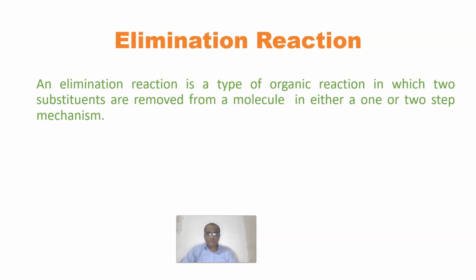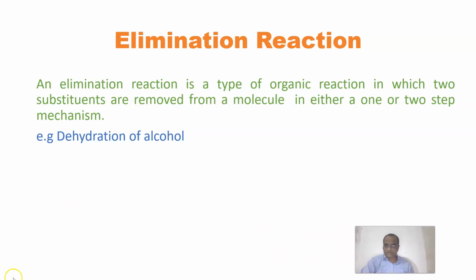The removal of these 2 groups takes place by a 1-step or 2-step mechanism. Depending on that mechanism, there are 2 types of reactions, E1 and E2. So let's first see an example of an elimination reaction.